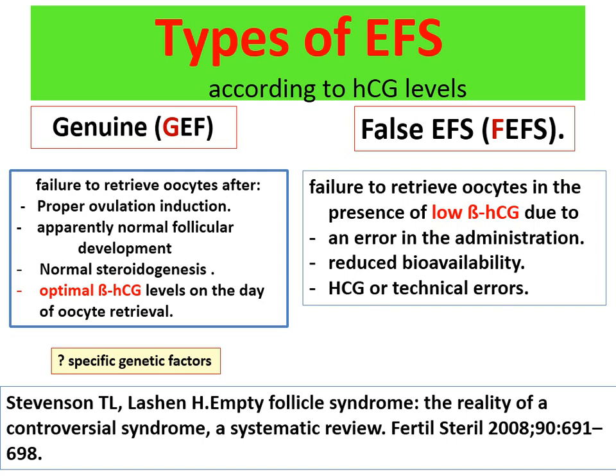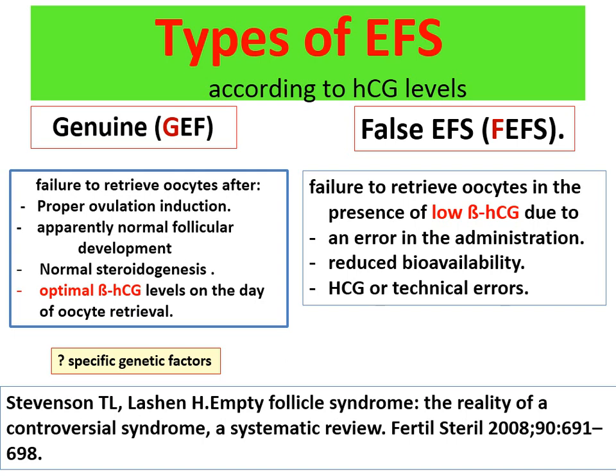Despite all normal conditions, I did not find any oocytes after aspiration of the follicle. This may be due to an underlying genetic cause, and this is called original or genuine empty follicle syndrome.